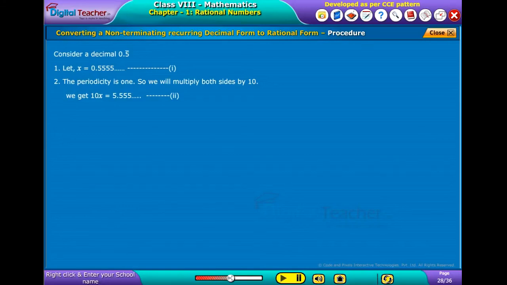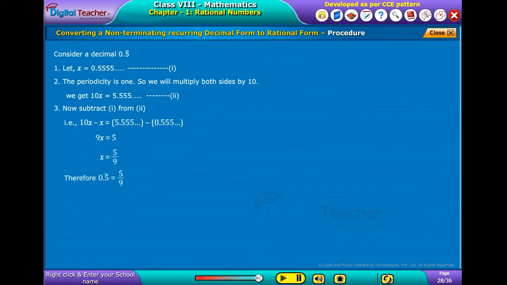Let us represent it as equation 2. Now subtract 1 from 2. That is 10x minus x, which is equal to 5.555, and so on, minus 0.555, and so on. By further solving, we get x as 5 by 9. Therefore, 0.5 bar is represented as 5 by 9.